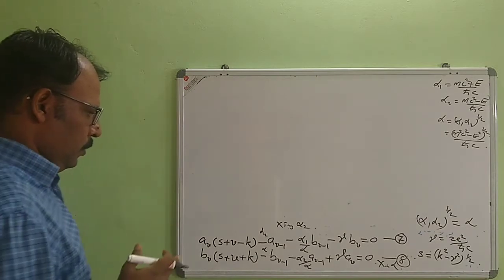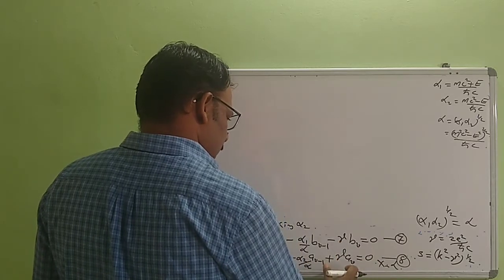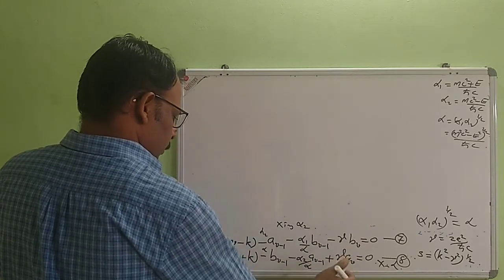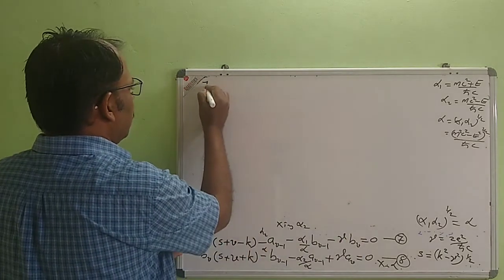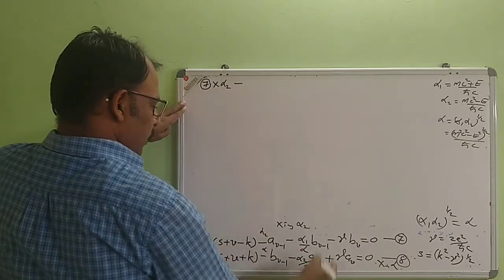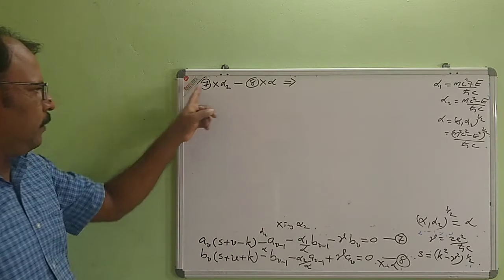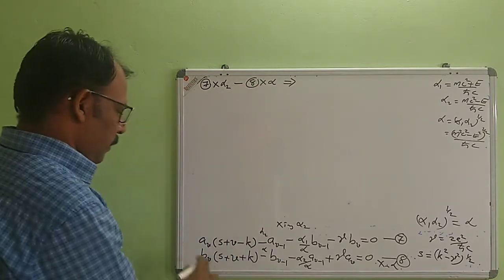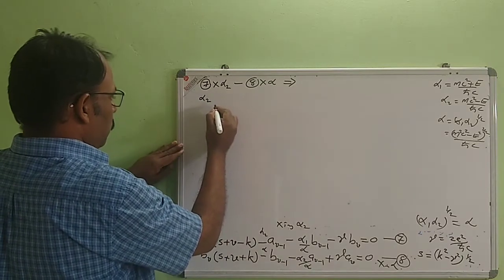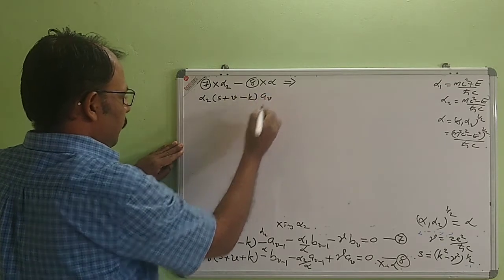So what we can do is multiply equation 7 by alpha 2, then equation 8 by alpha, and take the difference. When I multiply 7 by alpha 2, the first term is alpha 2 S plus V minus K AV.